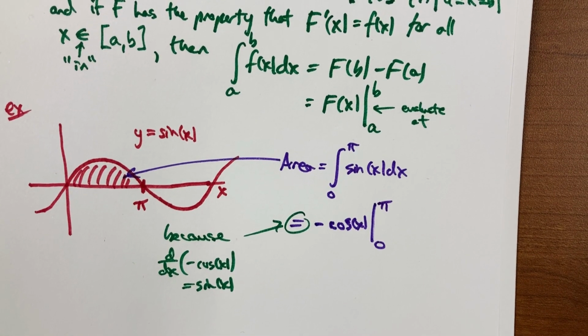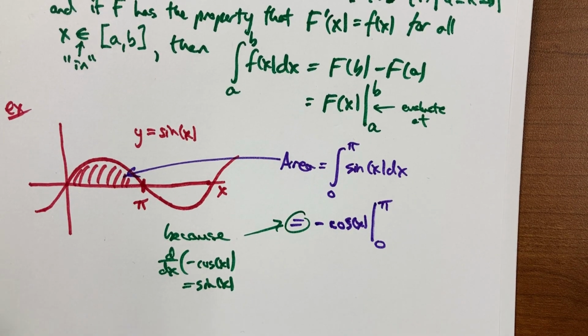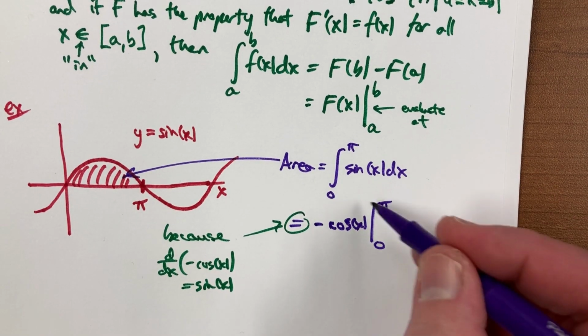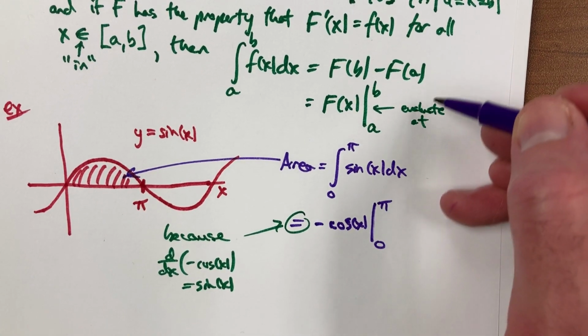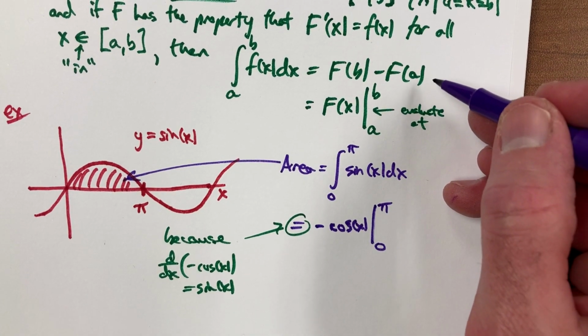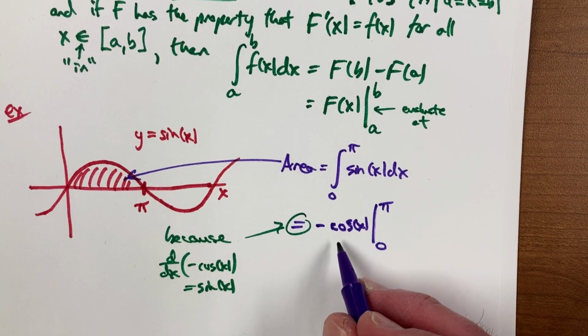Now, it might feel in looking like this that we're going to get a negative answer, and wait a minute, how can this area be negative? But we won't. It's going to end up being positive. You got to be careful. Again, this notation here with this evaluate symbol means it's just shorthand for F of b minus F of a, where capital F is this function, negative cosine of x.